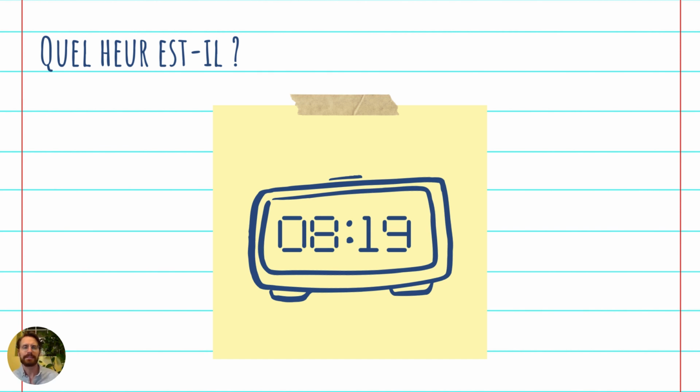Donc, quelle heure est-il? Il est 8h19. Quelle heure est-il? Il est 10h11. Quelle heure est-il? Il est 4h01.